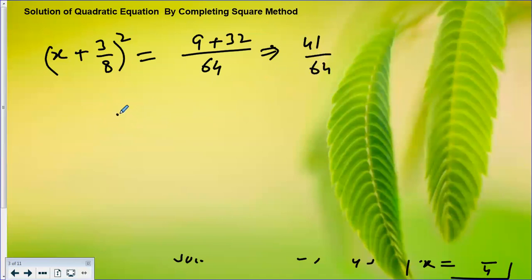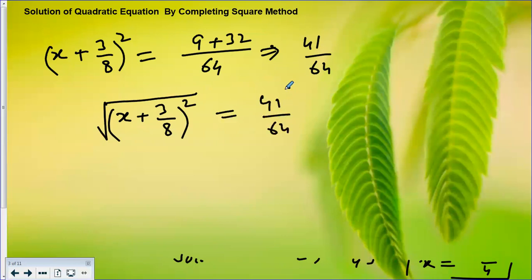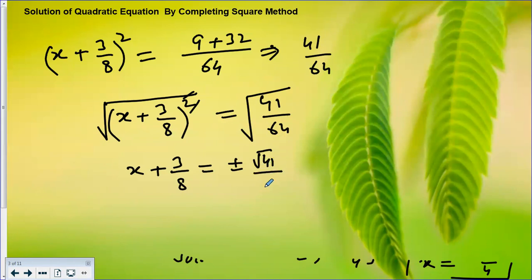Now the last step, we need to take the square root on both sides. If we take the square root, we will get x plus 3 over 8 equals plus minus square root of 41 divided by square root of 64, which is 8.